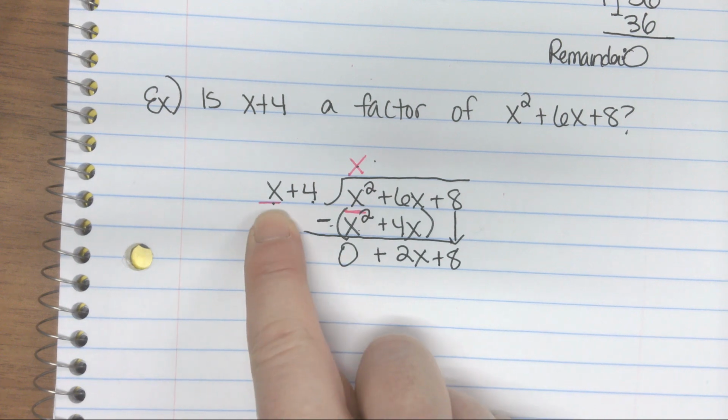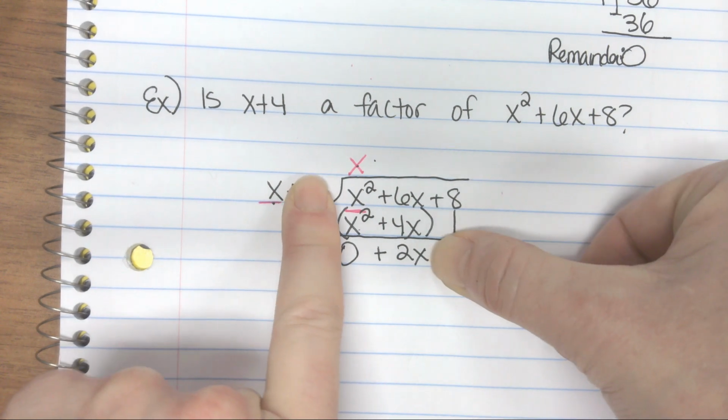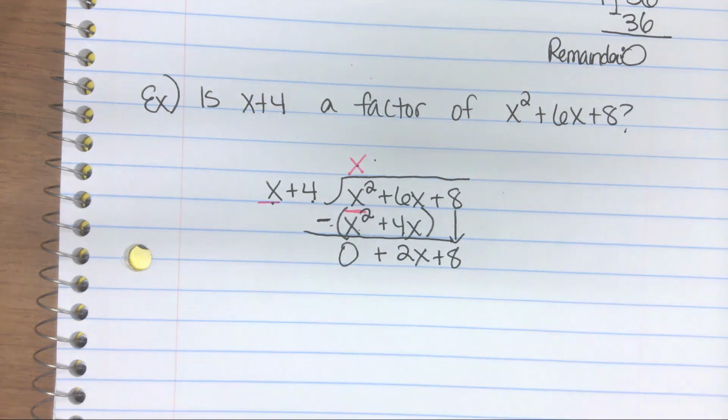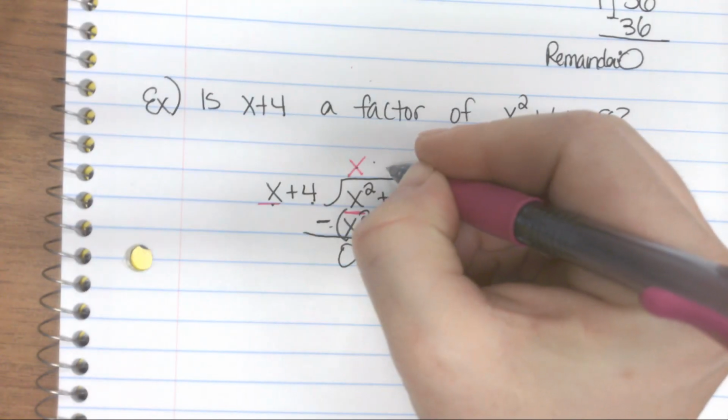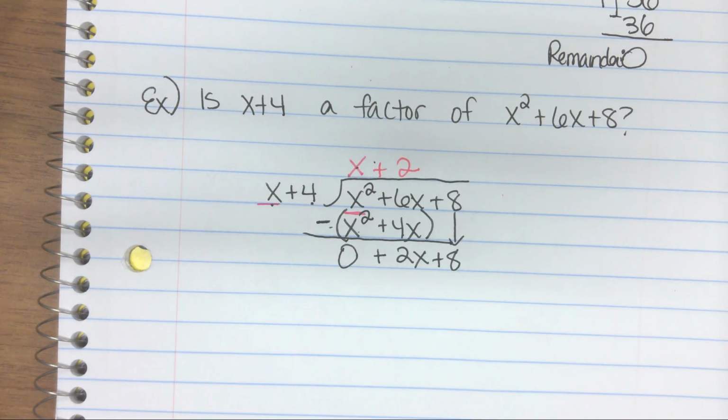We need to have x go into 2x. I cover up these things. How many times does x go into 2x? Or another way of asking that is, what's 2x divided by x? 2. So this is a 2, positive 2? Okay, so I'm going to write plus 2. And now we multiply.